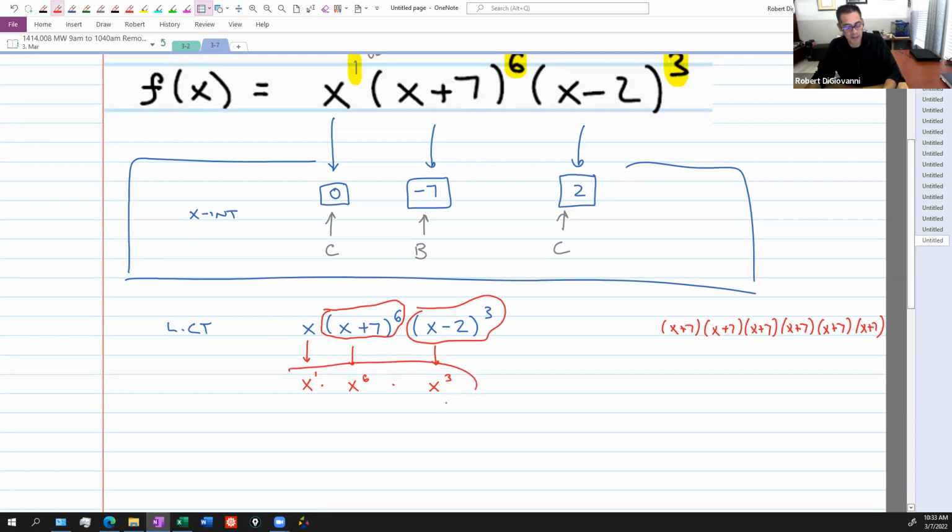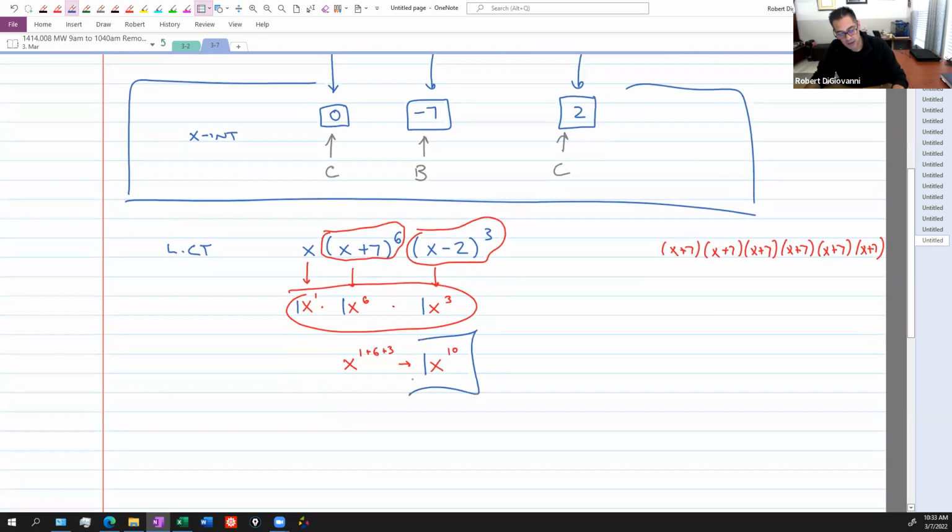If you were to put these together, you would add the exponents: x to the 1 plus 6 plus 3. This is going to be the same as x to the 10th power, in fact, 1x to the 10th power, because there's ones in front of these.